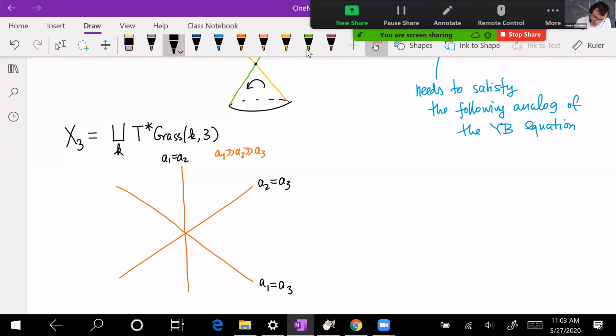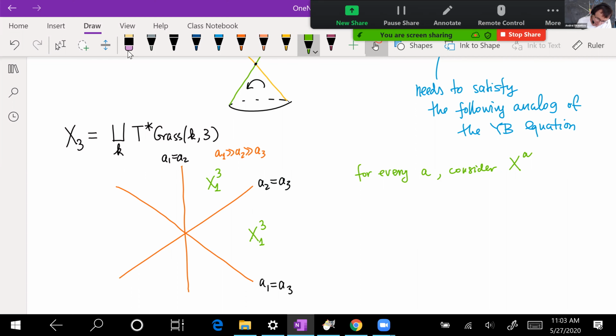And so for every point in this diagram, we can record, if I have a point A in this picture, consider its fixed locus. So in particular here, that fixed locus would be x1 cubed, and here also again x1 cubed.